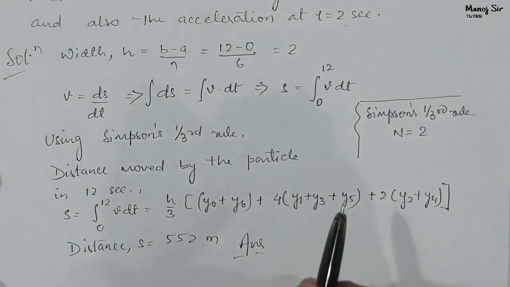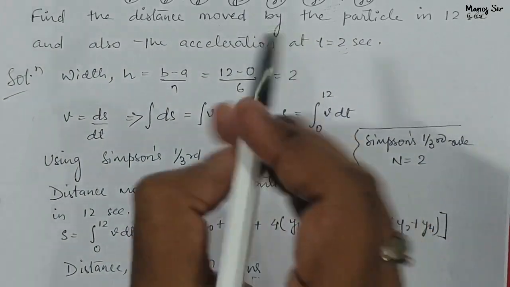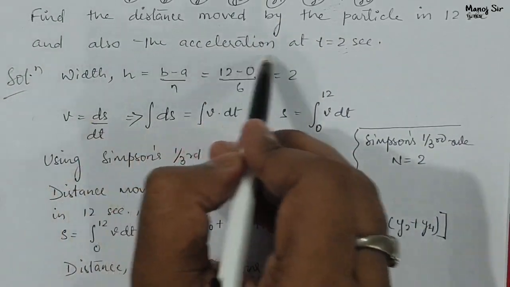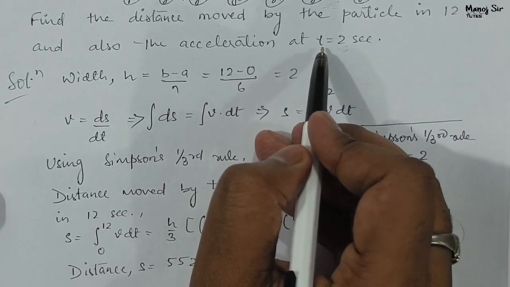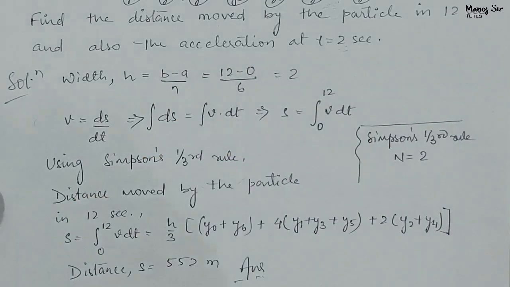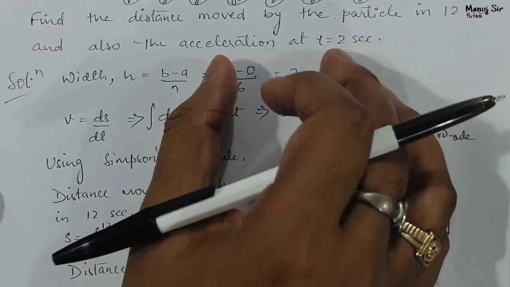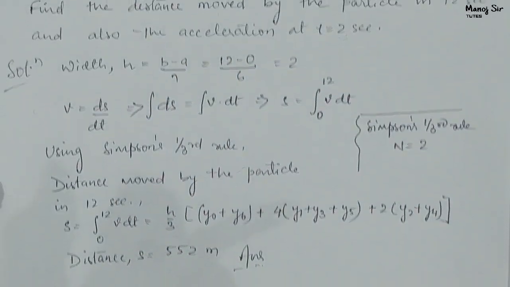Okay, now after completing the first part, we'll come to the next part, that is also the acceleration at t equals 2 seconds. We need to find the acceleration at t equals 2 seconds. For calculating this acceleration, we will take the help of Newton's law of motion.